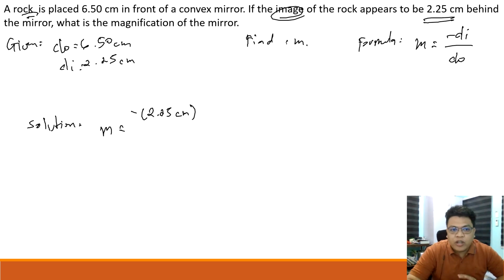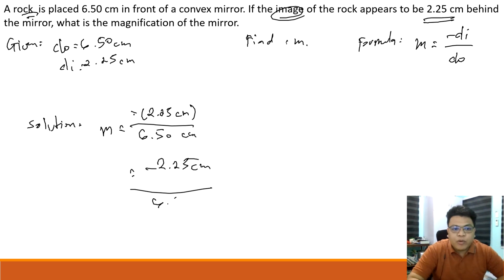We have the notion here that we need to multiply this negative to the 2.25 over 6.50 centimeters. Multiplying the negative by the positive, we have negative 2.25 centimeters over 6.50 centimeters. We cancel the units, and we can come up with the value of negative 0.35.